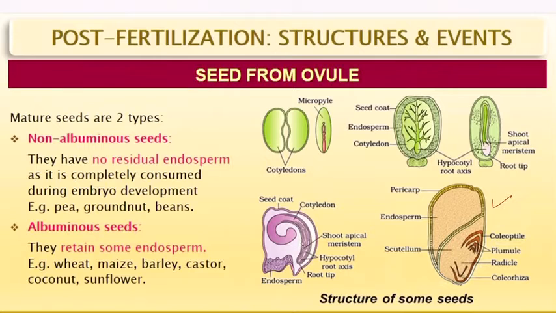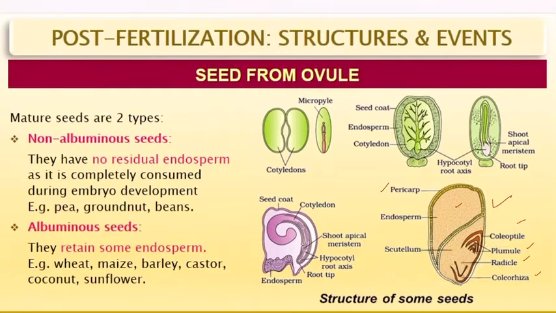Now what is important here is the vertical section. Many times this is asked in the exam. So the vertical section of the maize: you need to practice this diagram wherein you have the pericarp, outer coat, then endosperm. See, the majority portion is endosperm, and then you have the scutellum. Then coleoptile, plumule, radicle, and coleorhiza.